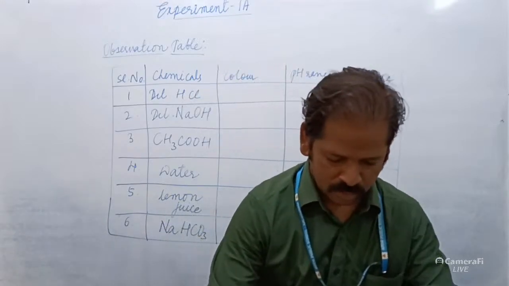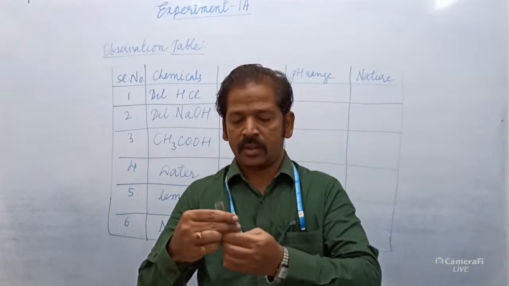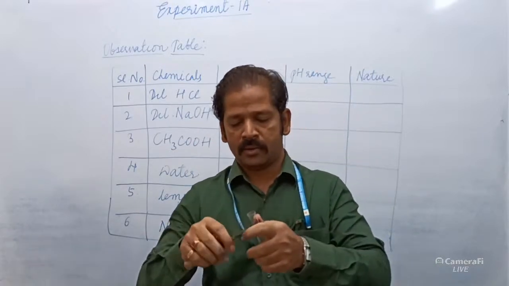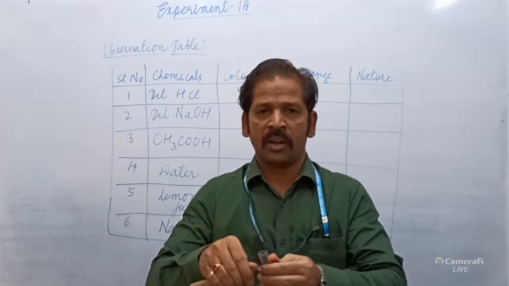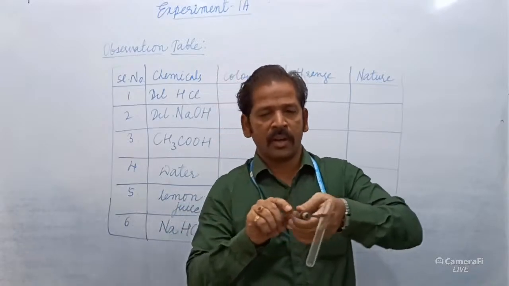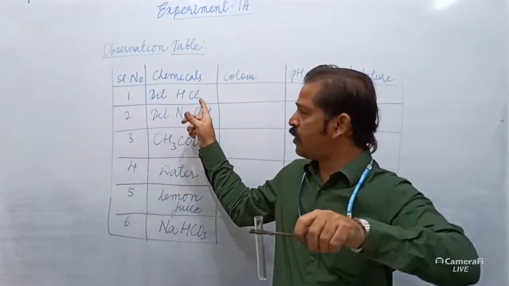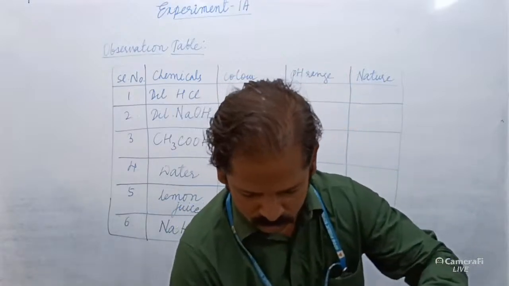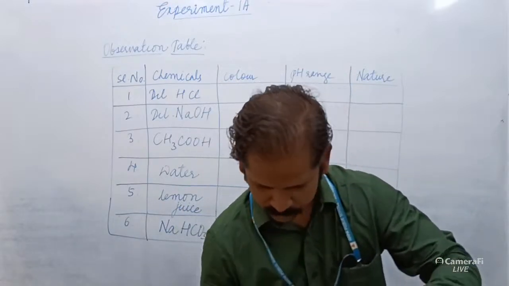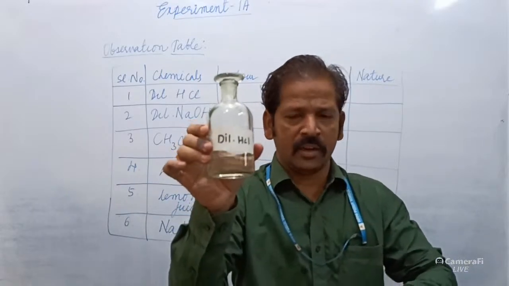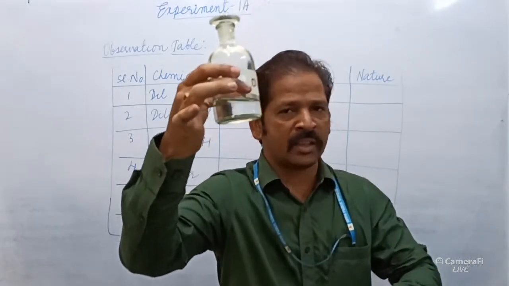With the help of a test tube holder, you have to hold the first test tube. We will add the first chemical, dilute HCl. It is a colorless chemical.